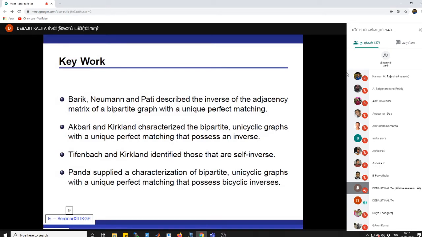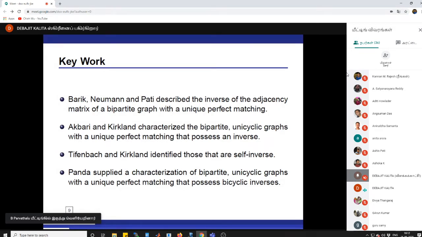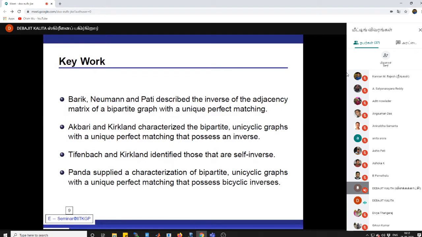Then Barik, Neumann and Pati gave a combinatorial description of the inverse of the adjacency matrix of a bipartite graph with a unique perfect matching. Then Akbari and Kirkland characterized the bipartite unicyclic graphs having a unique perfect matching which possess an inverse according to the Godsil definition.